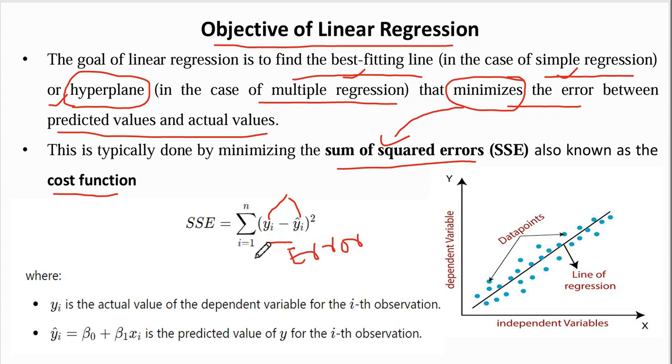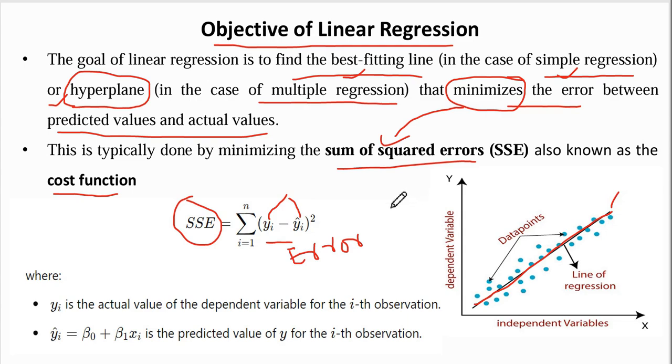We have to square it and find the sum, which gives the value of SSE. So our ultimate goal is to find the best line, that gives the minimum error.